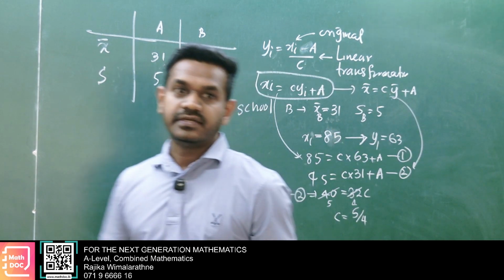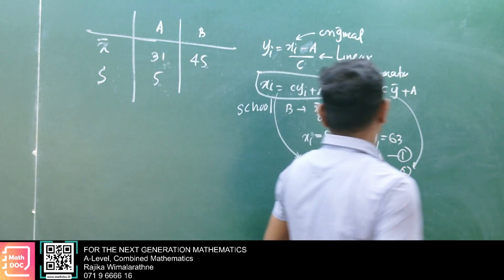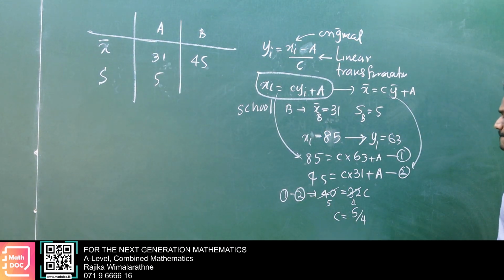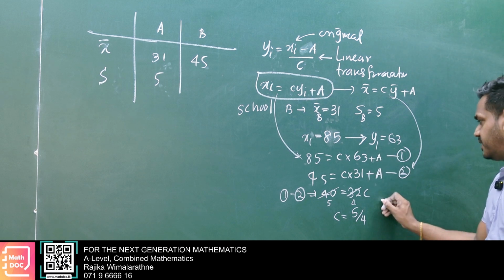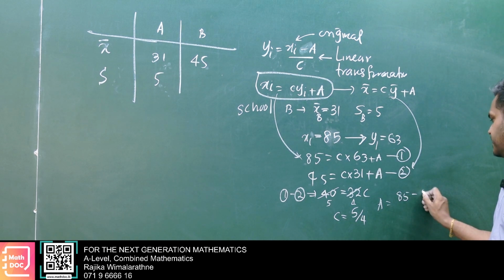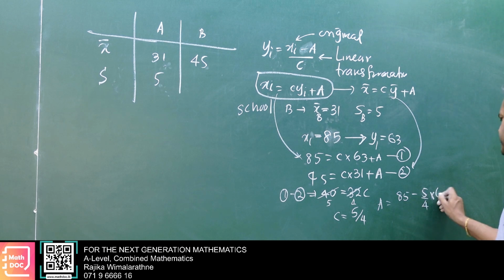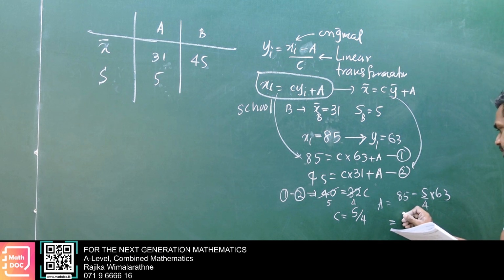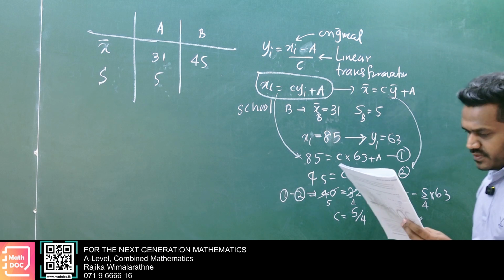Check the simplification, 5 over 4. Then put that here. Therefore, a equals 85 minus 5 over 4 times 63. Simplify, then you can get the value of a.